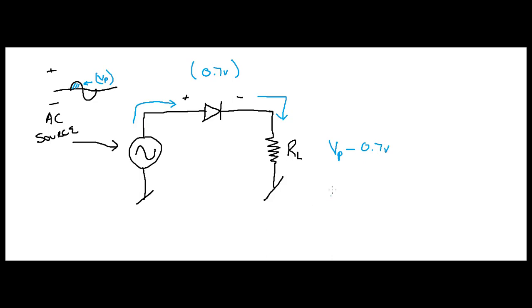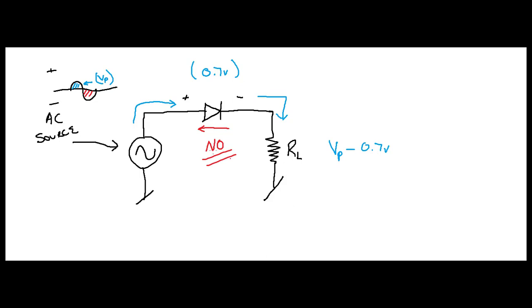Now, tell me something. When this AC source gets in this region, it's negative, right? Negative, it's trying to push current this way, isn't it? Based on what you know about a diode, is it going to allow current to flow in that direction? Well, the answer is no, assuming you didn't exceed the breakdown voltage.